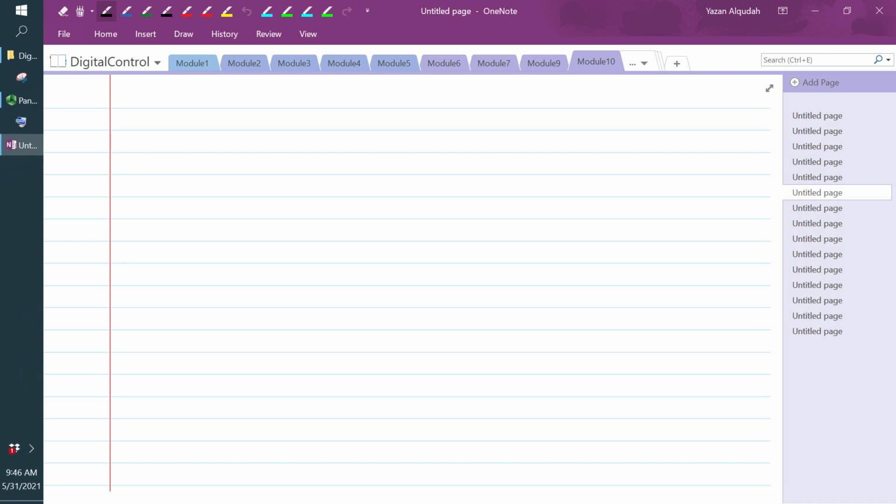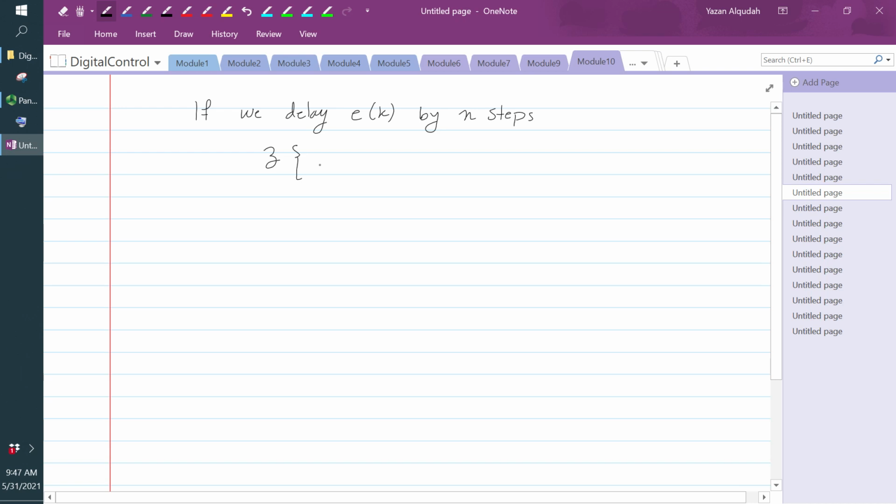Now if I delay the signal e of k by n steps, if I shift the signal to the right, then the z transform of e of k minus n is going to equal z to negative n multiplied by e of z.